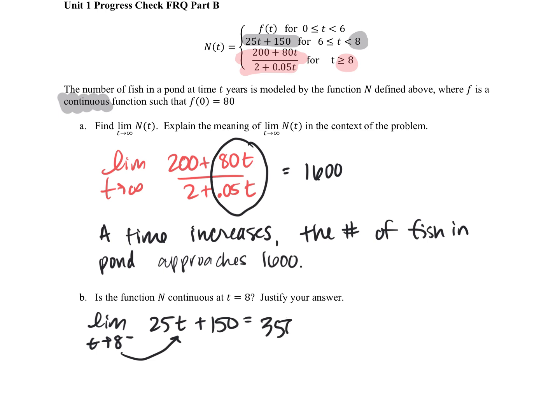What about as I'm approaching 8 from the positive side? I'm going to put that in cute pink. Limit as t approaches 8 from the positive side of 200 plus 80t over 2 plus 0.05t. You can use a calculator, go for it.